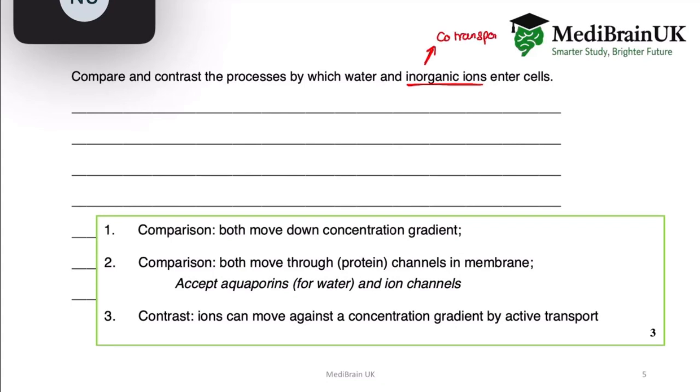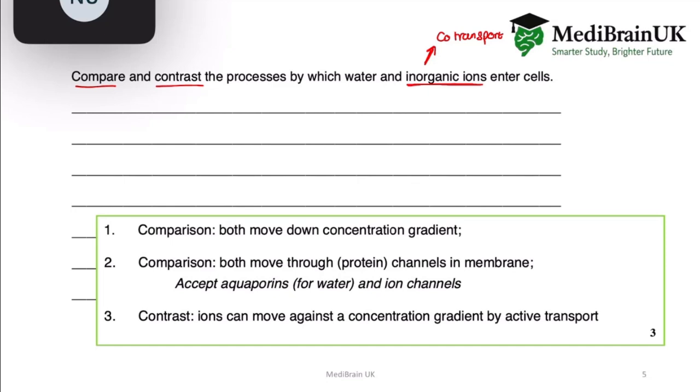In co-transport, sodium ions are actively transported out of the cell into your capillary, and that lowers the sodium ion concentration within the cell. So they can also move by active transport, going from a low concentration to a high concentration. The only reason we need to use it in this question is because it says compare and contrast, so we need to look at similarities in the ways that they can move in.